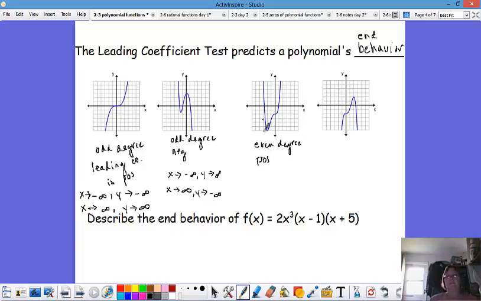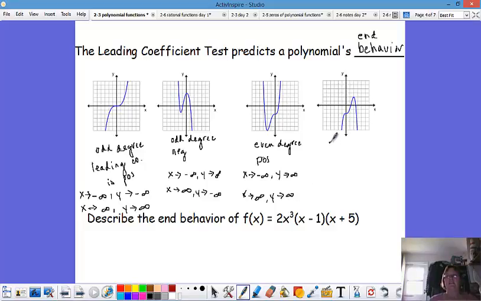And you will see that as x approaches negative infinity, that is when x gets very small, y is getting very big. Okay, up, up, up, up, up. As x approaches positive infinity, y also is going up toward infinity. So we have up behavior on this one.